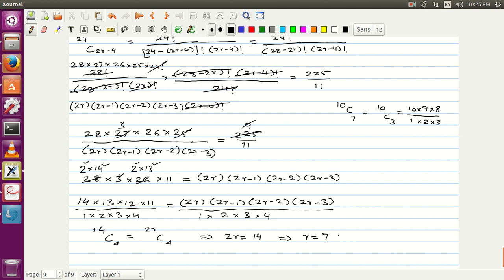This is a much simpler way of solving this problem, because if you try to solve from this equation over here, you will have to multiply this thing and you will get a fourth power equation, and then you will have to factorize things and you will get one of the roots of that fourth power equation as 7.